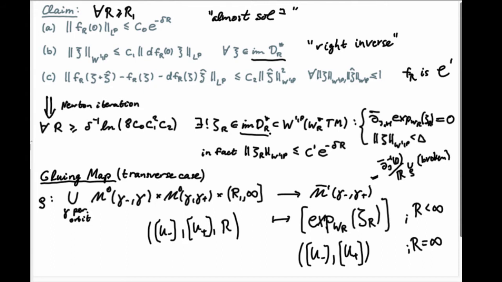I thought that McDuff-Salamon defined the Gromov topology without any reference to gluing. Yeah, you can. But you still have to parameterize different parts differently. And to me, that's sort of half of the gluing map. It's just sort of putting things together in different parameterizations.